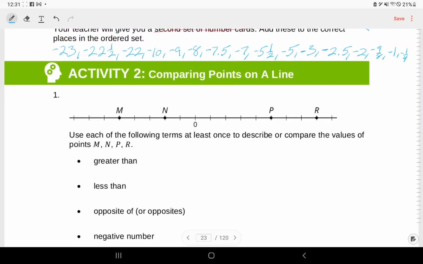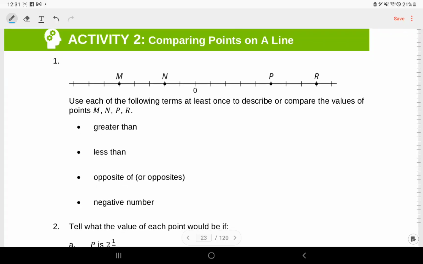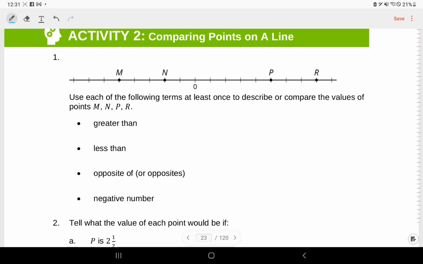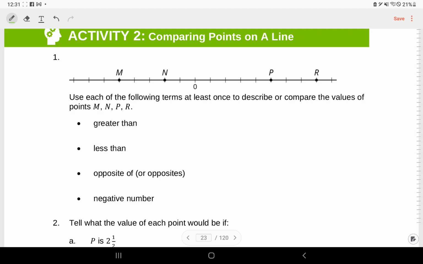Now, for activity 2, comparing points on a line. Use each of the following terms at least once to describe or compare the values of M, N, P, and R. Now, there's several different correct answers for this. So we want to write a greater than statement.